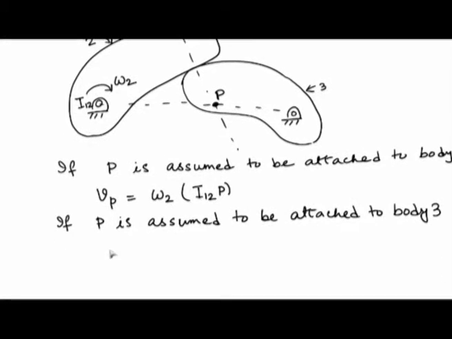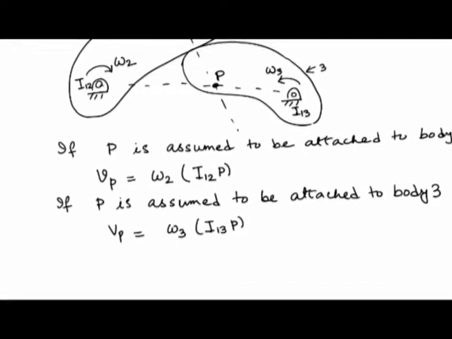If I make such an assumption using similar arguments, I find Vp has got to be omega 3 into I13P, where omega 3 is the rotational speed of body 3 and I13 is the location of the revolute joint which connects body 3 to the frame. So again the velocity of point P, which now I am assuming to be attached to body 3, is just the rotational speed multiplied by the radius vector joining the revolute joint located at I13.